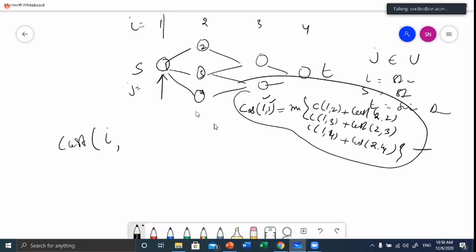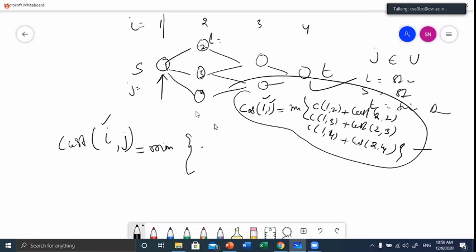I'm going to write a formula with this equation. Once you see here, I'm taking I as my stage, J is my vertex. Let us take this is my vertex. If I want to calculate this, it is nothing but the minimum of what I have to do. This is J, and let us take this is L. L is equal to 1, 2, 3, 4 like that.